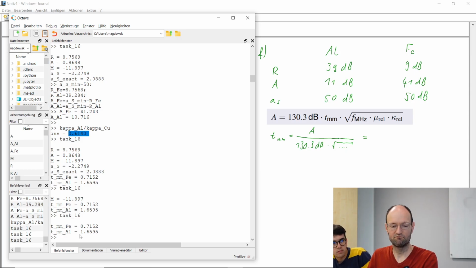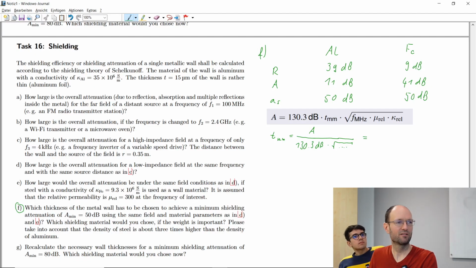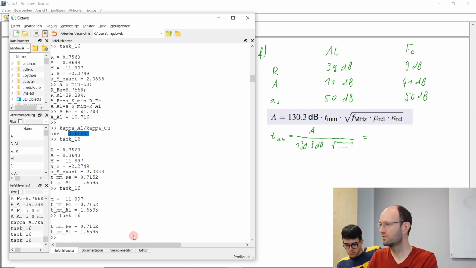So if we now go back to the task and take a look, what would you choose if weight is important and steel is about 3 times heavier than aluminum for the same thickness?